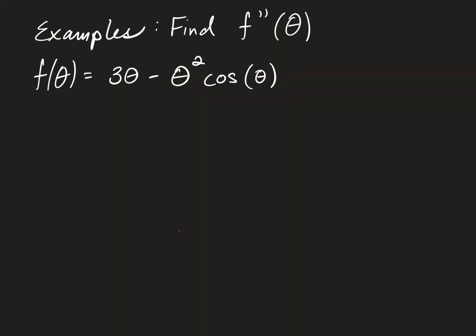On this slide, we are being asked to find the second derivative of f of theta. So here's the first derivative. What is the second derivative of f of theta? And I think this time we're not gonna be able to avoid the product rule.